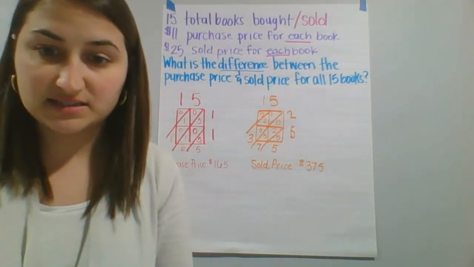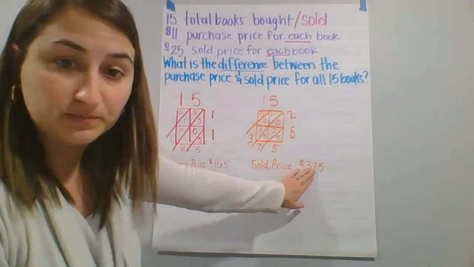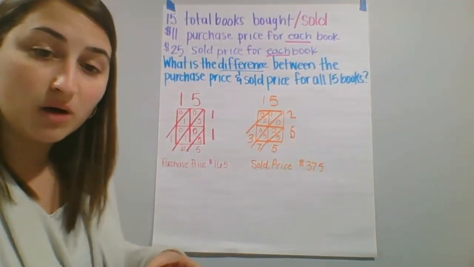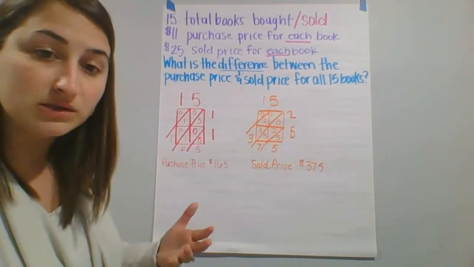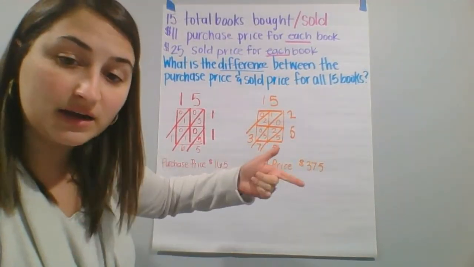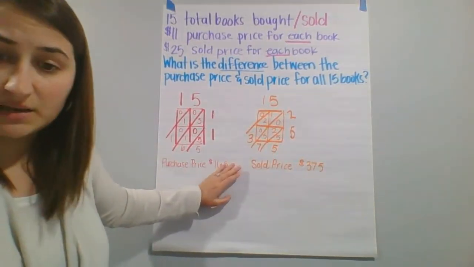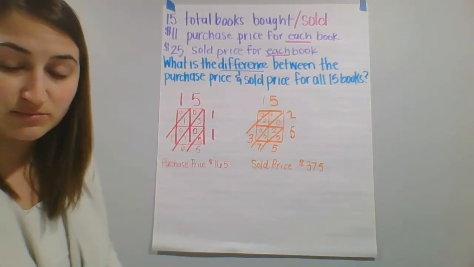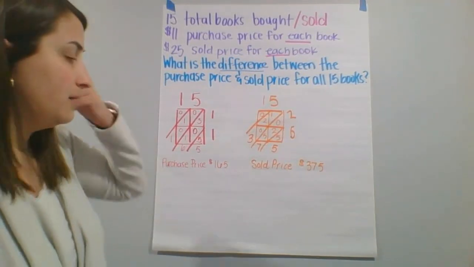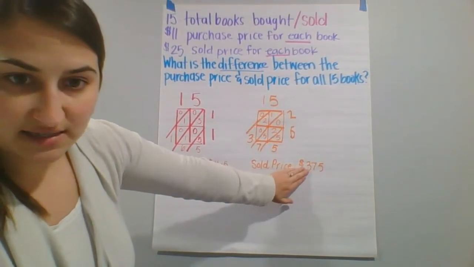So in order to find the difference, and because we're talking about money and we want our answer to get smaller because we already have both of our wholes, we either divide or we subtract. But because we're talking about money, in both of these, we can actually subtract them from each other. But what's super important is you want to remember that the bigger number always has to go first.